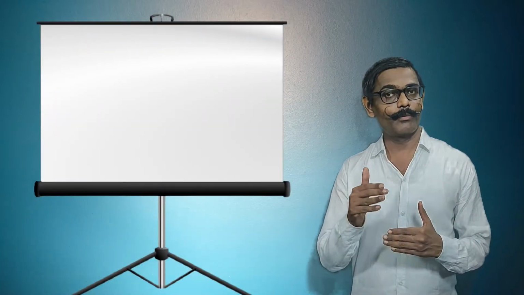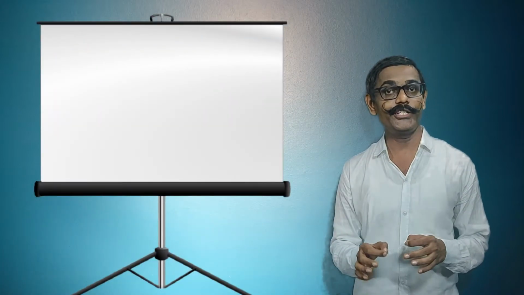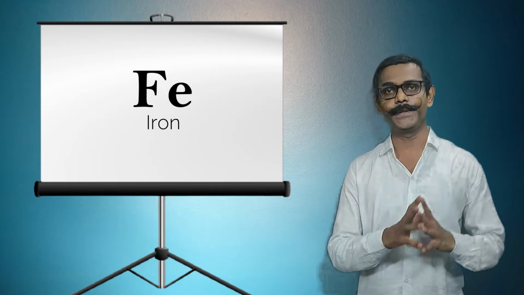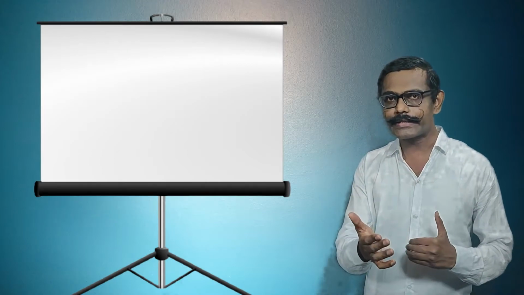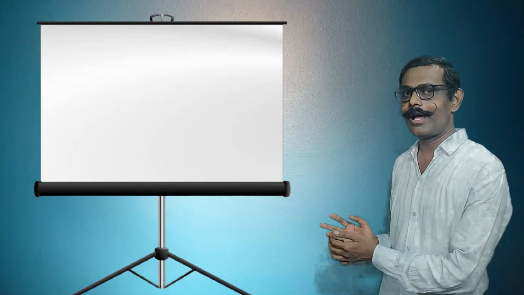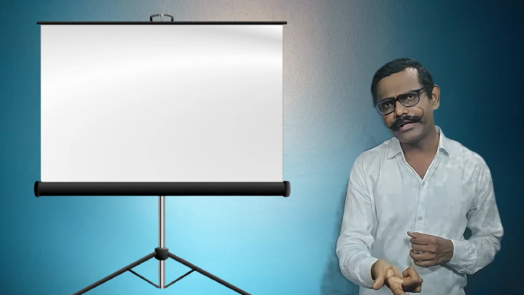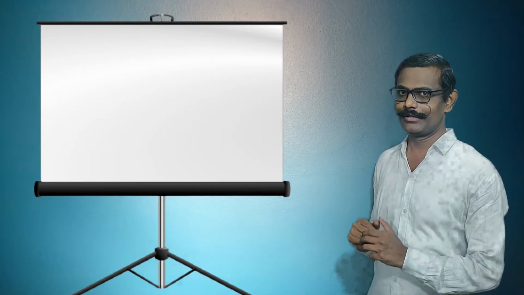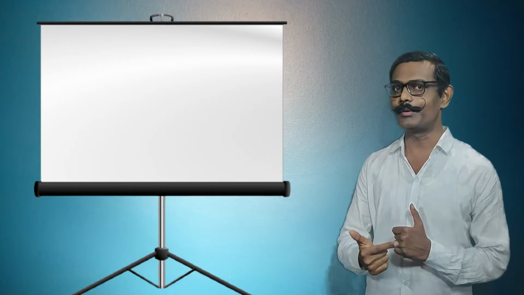The element with atomic number 26 is iron, ferrum, Fe. For number 26 the image is necklace, and for iron, iron is kept as it is. Now the story to be prepared.